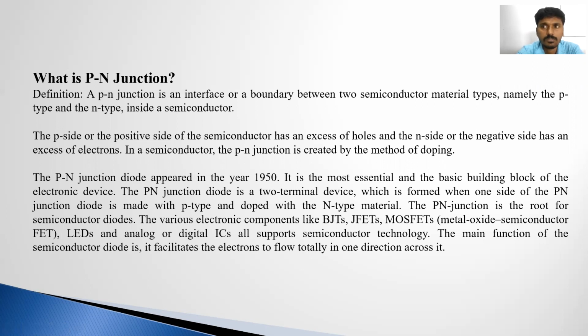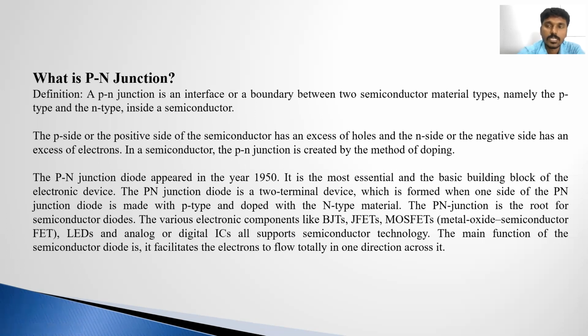Not only diodes, all the devices, maybe thyristors, transistors, IGBT, MOSFET, and so on, have this as the root. This is the basic. That's why I told you that without the PN junction concept, there is no power electronics. Is it clear?